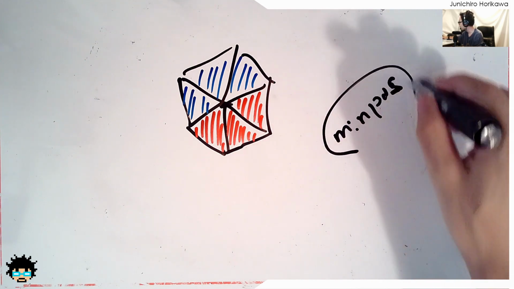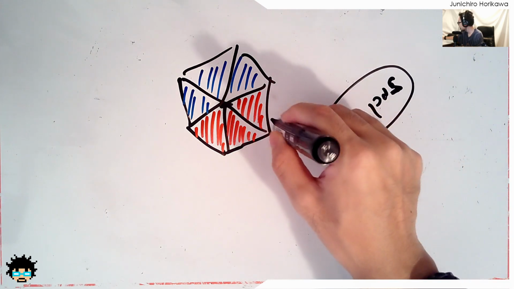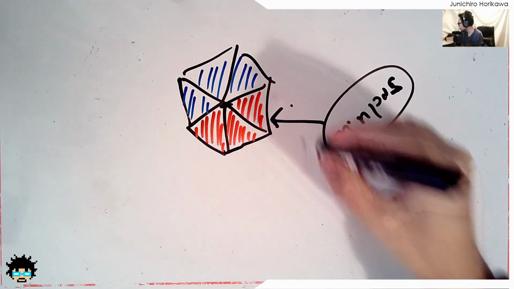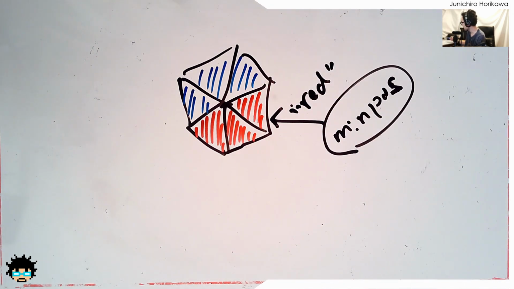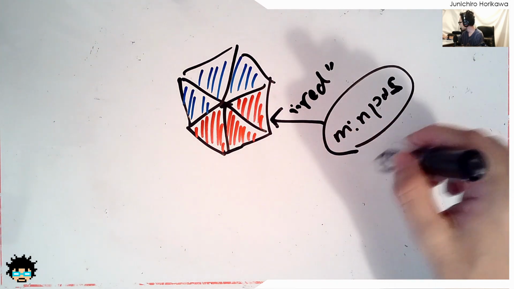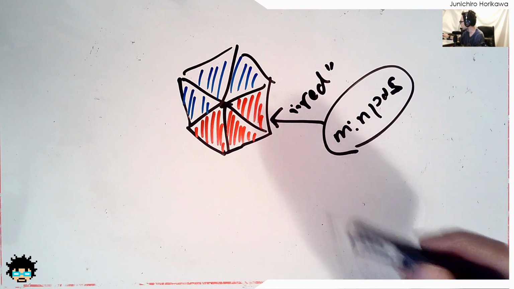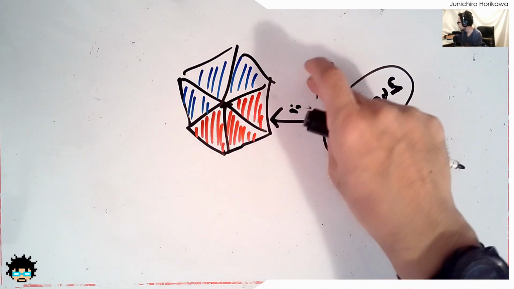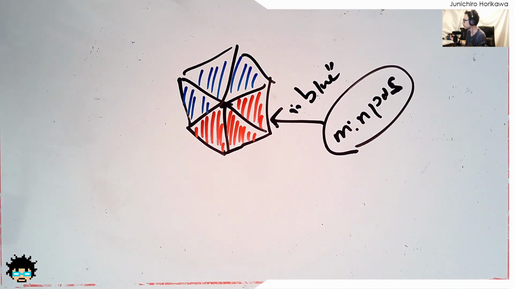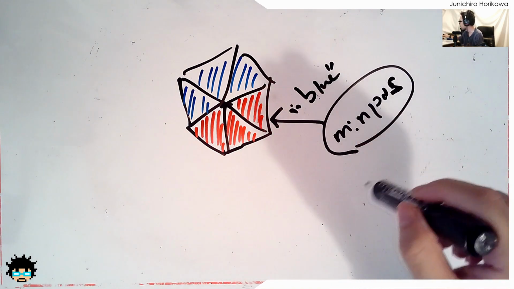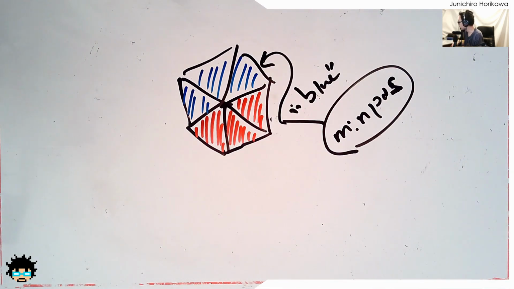So if you want to let this function work only with the red faces, you can do that by filtering using red. If you want this function to work only with the blue faces, you just need to change this word to blue, and that's all you need to do in order to work only on the blue group.